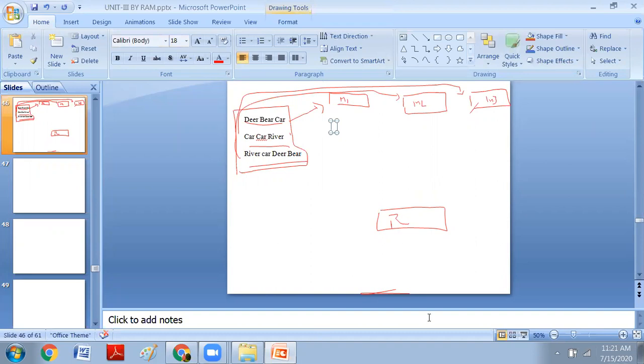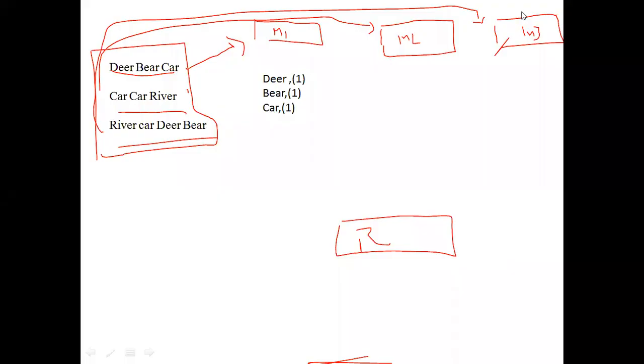When we take the first split, the output of mapper 1 is: deer, 1; beer, 1; car, 1.